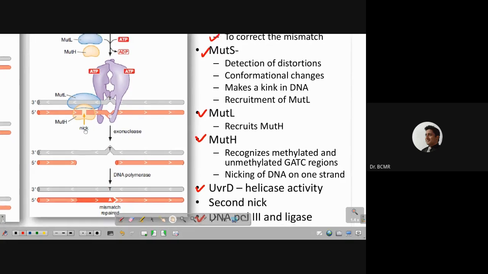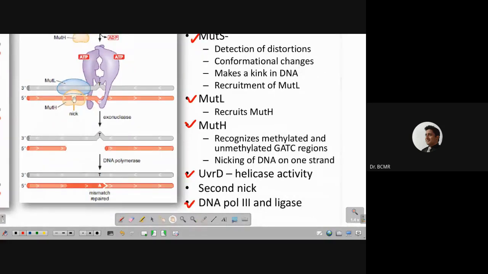So MutH has made a nick, and there will be an exonuclease activity which will degrade this DNA from here to here, like this, right? And now DNA polymerase will take over this place. This is the 3' OH.